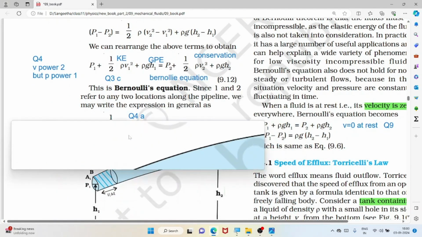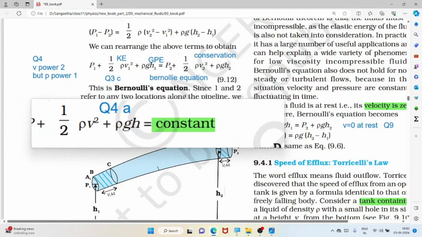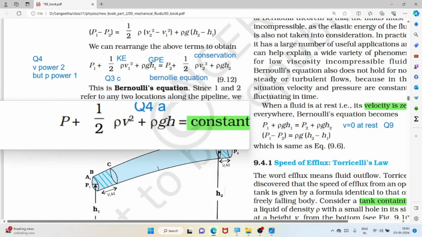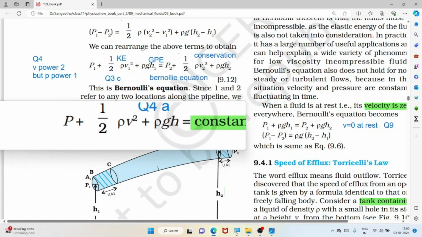So this is the formula, this will be constant. Whenever pressure decreases, there will be a lift.